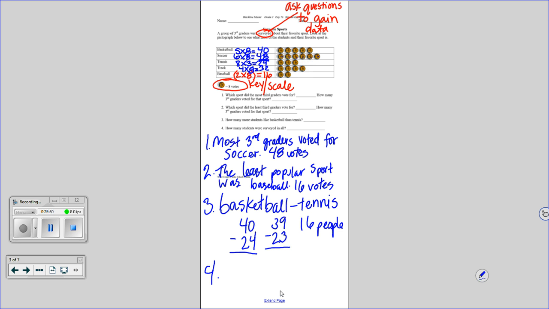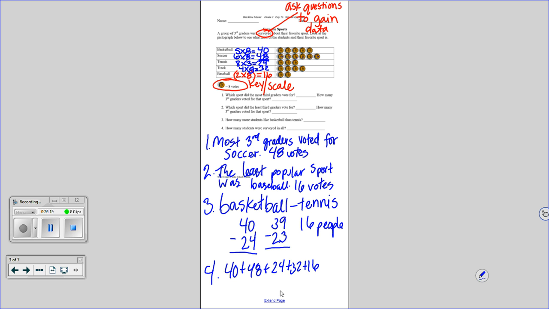Give me the whole long equation. I know you're going to break it up into groups of 2, but give me the whole long equation. Okay. So 40 plus 48 plus 32 plus 16.